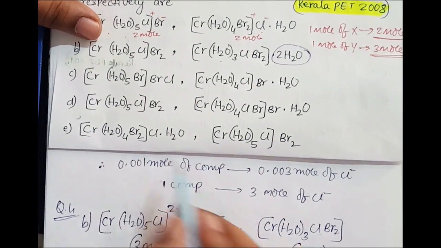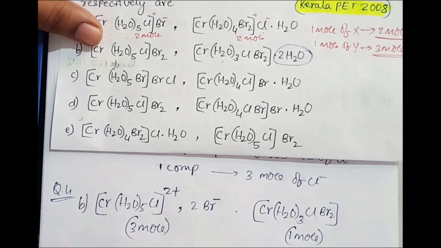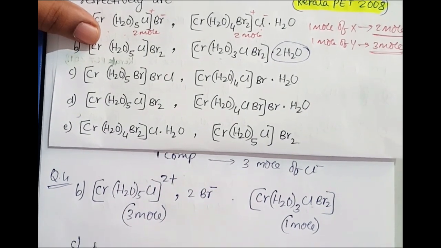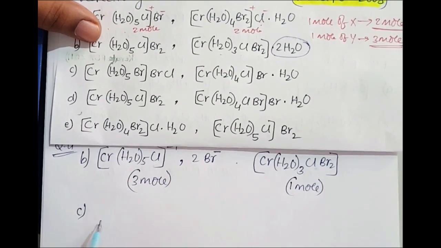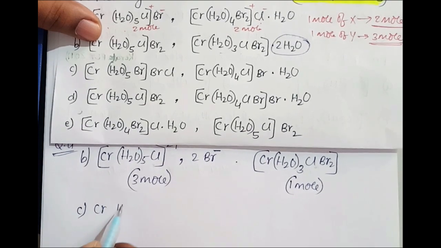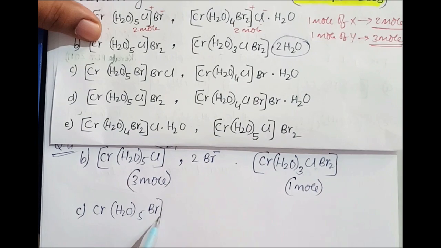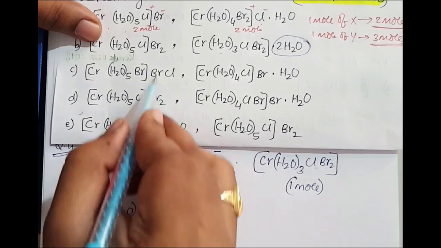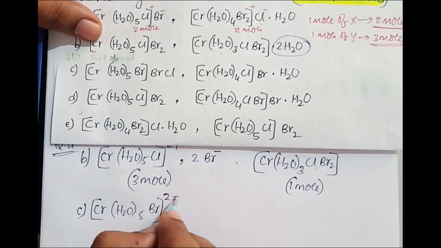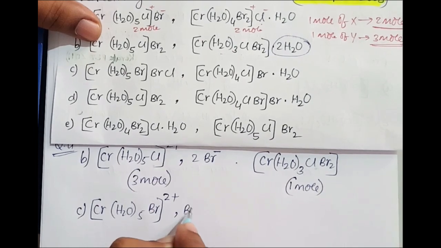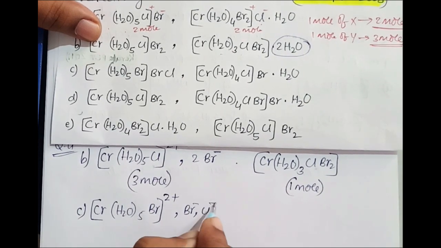So here 3 moles of ions are formed, and here only 1 mole of compound is formed. Like this, see option C, how it will separate: [Cr(H2O)5Br]. Here it is a 2 plus charge with Br minus as well as Cl minus ion.